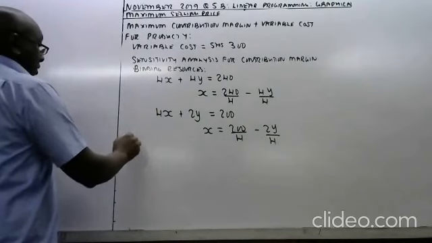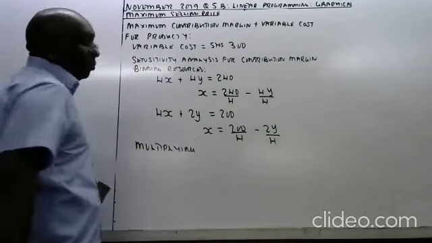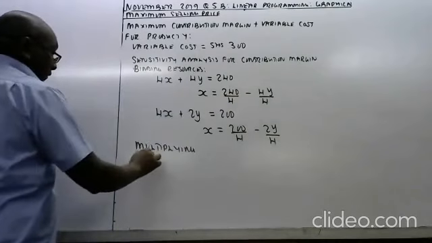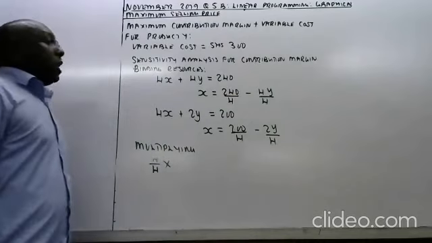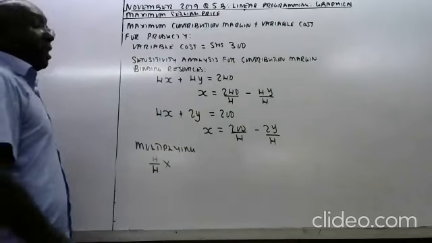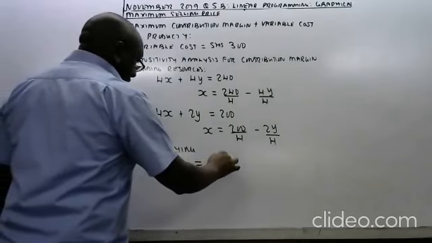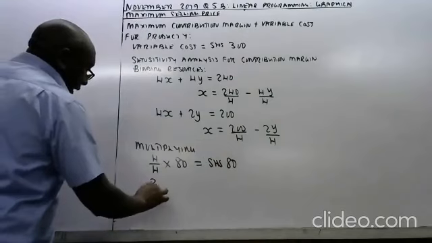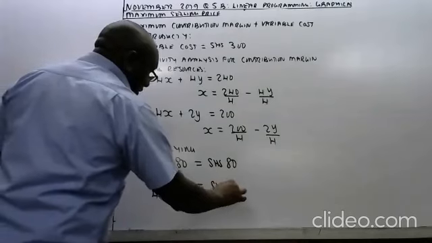Then from there, you multiply. I told you, you take this row, 4 out of 4, and you take it as positive. You multiply by the contribution margin of x. Contribution margin of x was 80. So that gives us shillings 80. And then you take this other one, 2 out of 4 multiplied by 80, that gives us shillings 40.